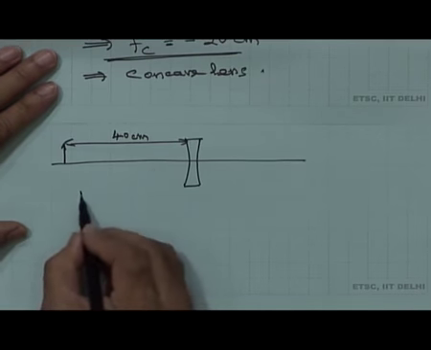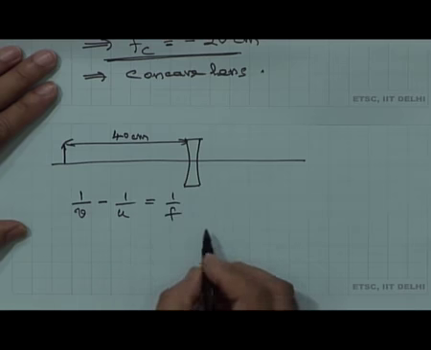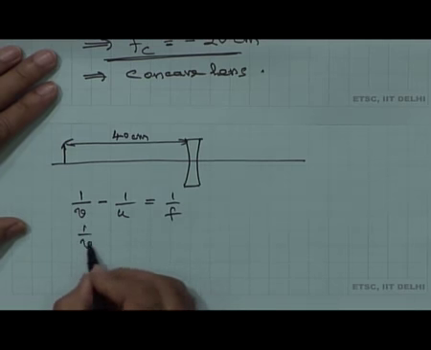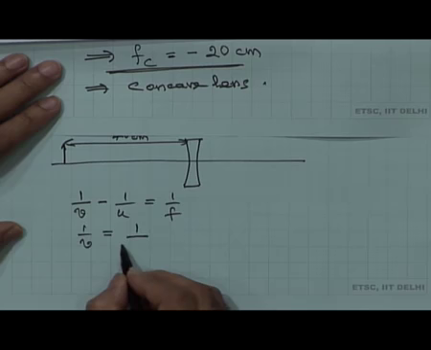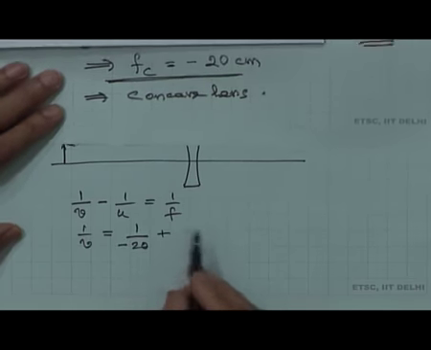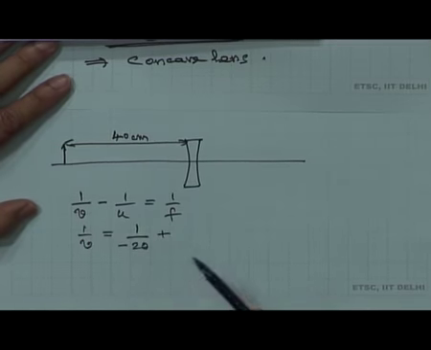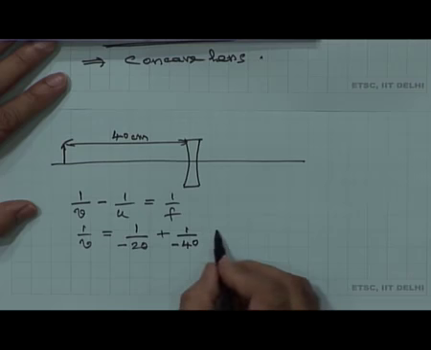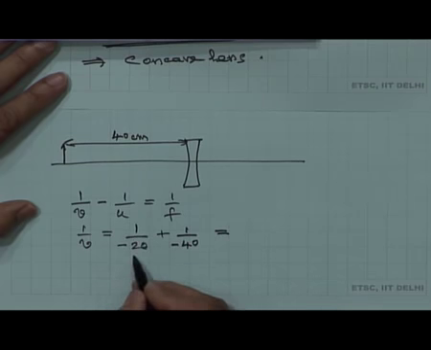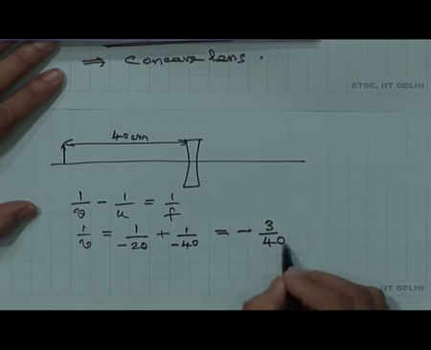We use the lens formula 1 over V minus 1 over U is equal to 1 over F. So 1 over V is equal to 1 over F plus 1 over U. F is minus 20 centimeter, and U is in front of the lens, therefore minus 40 centimeter. So this is minus 2 by 40 minus 1 by 40, which is minus 3 by 40.